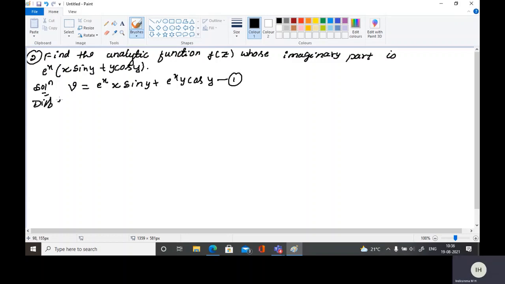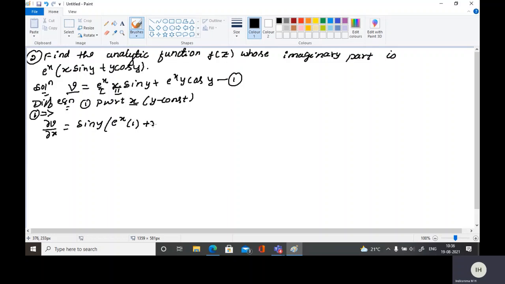Differentiate equation 1 partially with respect to x, keeping in mind y constant. So equation 1 becomes: differentiation of v partially with respect to x, ∂v/∂x, is equal to, with respect to x we are differentiating, sin y constant. But here we have two functions of x, so we have to use the product rule: first function into differentiation of second plus second into differentiation of first.